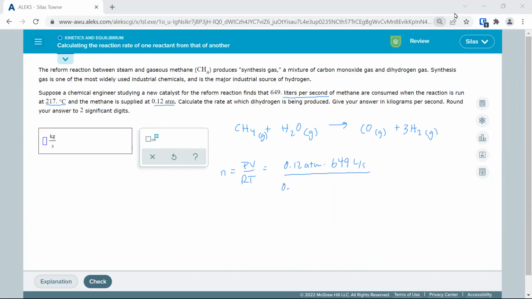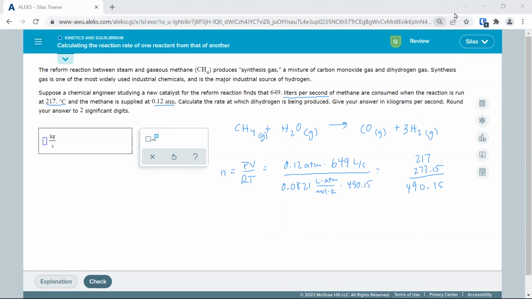My gas law constant is 0.0821. And my temperature is 217. I'm going to keep the 0.15 right now, 490.15. I'm going to put that in.